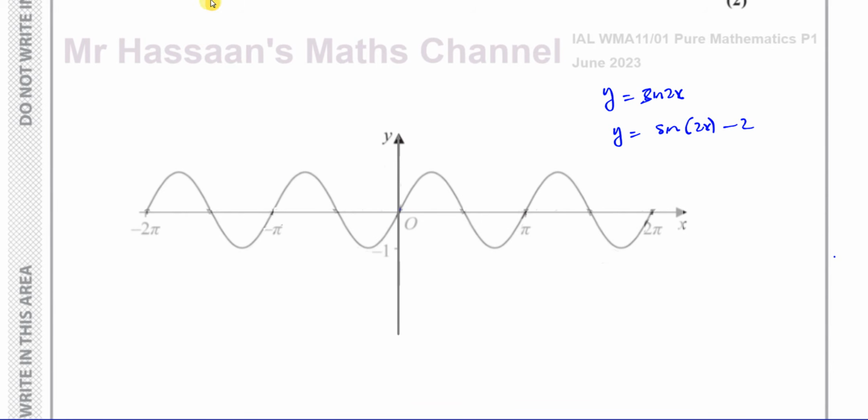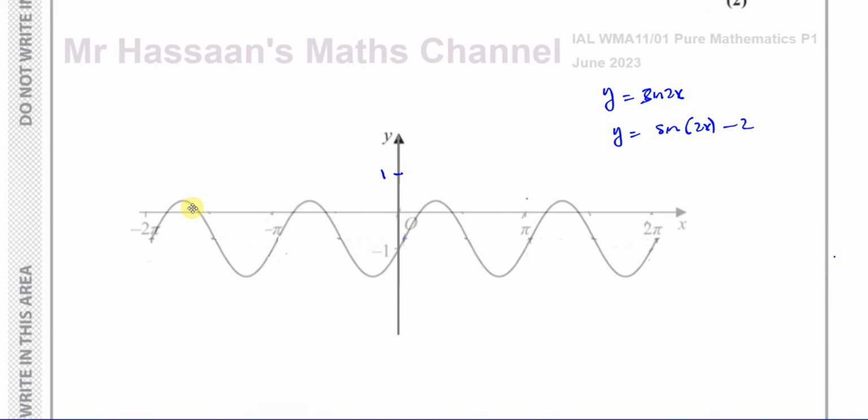Basically what happens here, at the moment this is +1 and that's -1. So these points all go 2 units down. These maximums go down to -1, and the minimums go down to -3. So the whole thing shifts down 2 units.